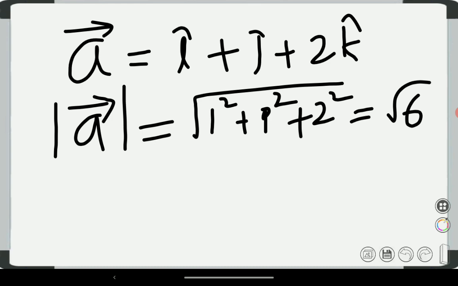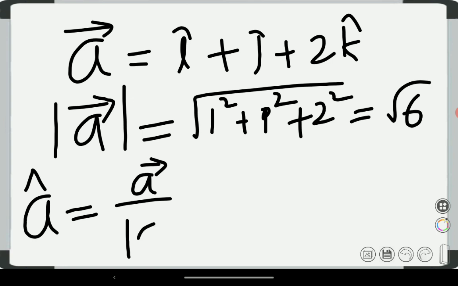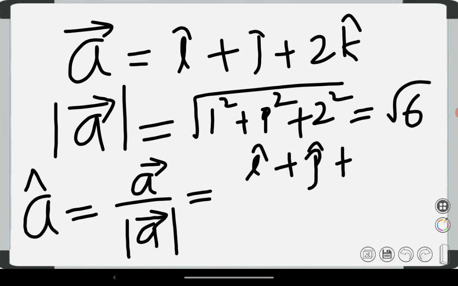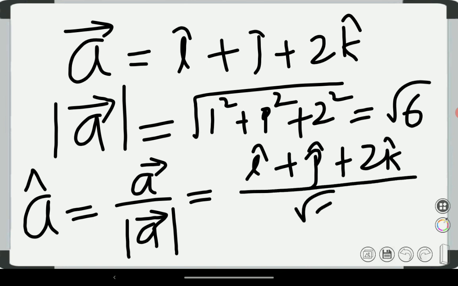Any vector divided by its modulus will be the unit vector, that is A cap by notation. So A cap is always equal to vector A divided by its modulus. That means i plus j plus 2k all divided by root 6.